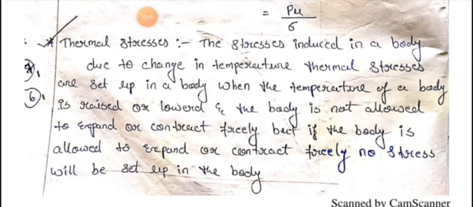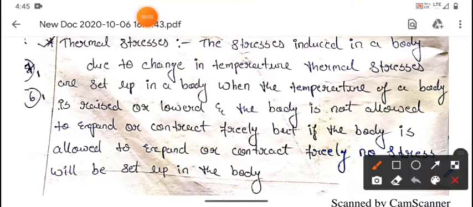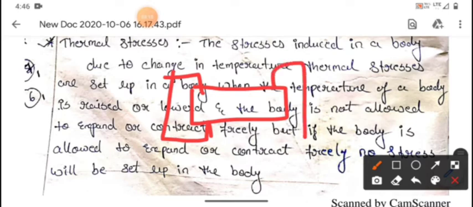You might have seen in the forging shop or forging workshops, when you are heating the material and striking with a hammer, the material is under stress. This is one case, and another case is when the material is held between two rigid supports, and you are heating this material.